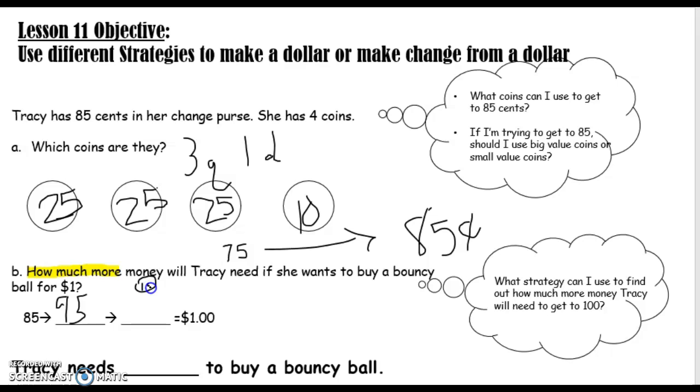So let's draw our dime just to keep track of the coins that we're adding. In order to get from 95 to $1, what will go on this line? You guessed it, this is 100, and we added a nickel.